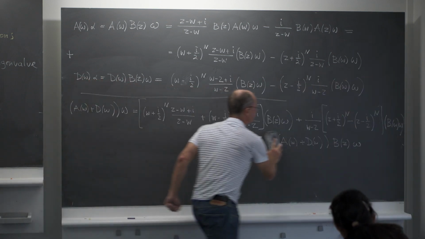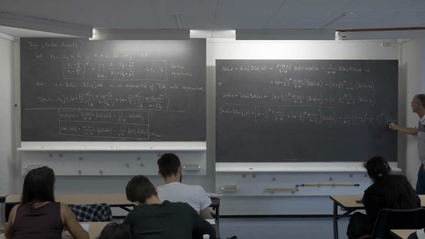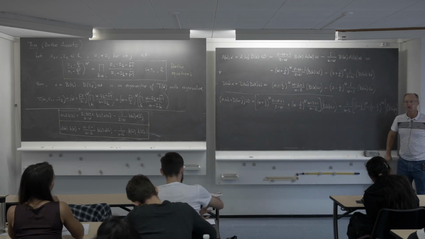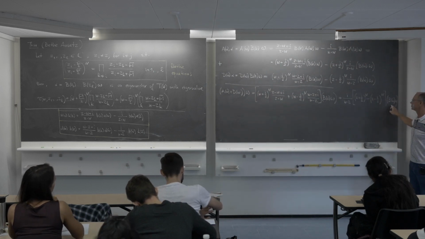So I get this term, and this term has to vanish, right? So there is no hope to get an eigenvector if this term doesn't vanish.